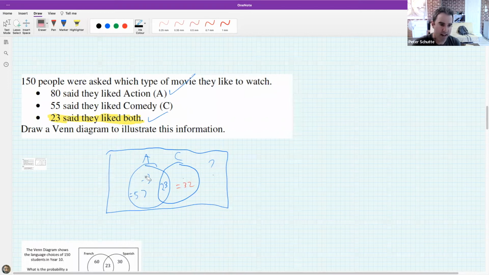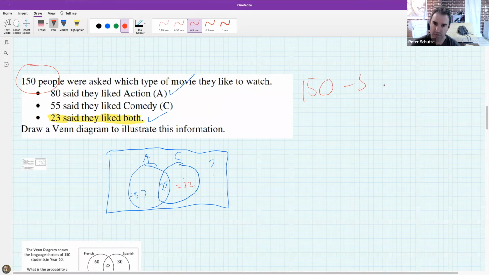And now the only thing I have is, what is the last one going to be? What's this region outside here? I know there were 150 in total. How many have I got so far? Okay, so I have to go 150 minus whatever I know.